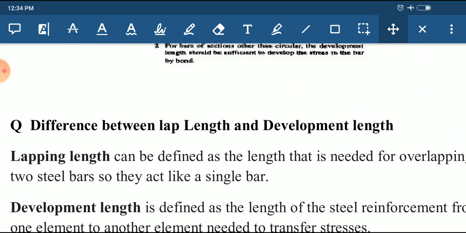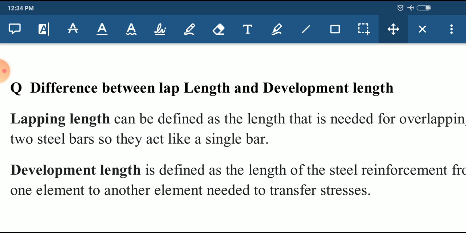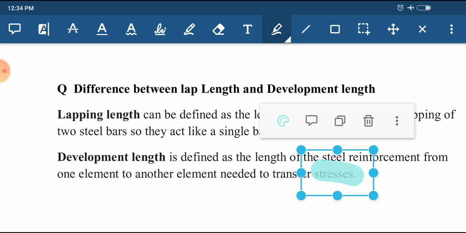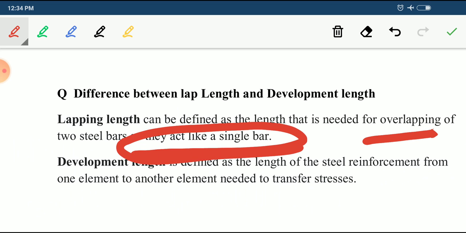Next, what is the difference between lap length and development length? Lap length can be defined as the length needed for overlapping two steel bars so that they act as a single bar.